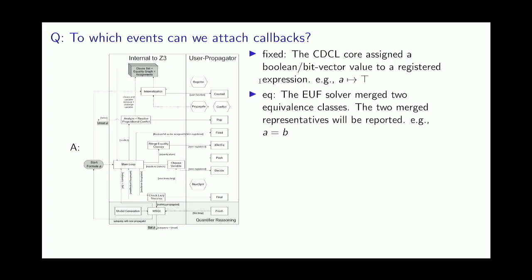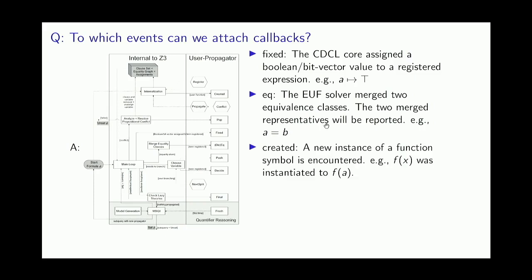We also have the equality callback that is called whenever it is deduced that two registered expressions are equal, so the respective representatives of the equivalence class are reported.